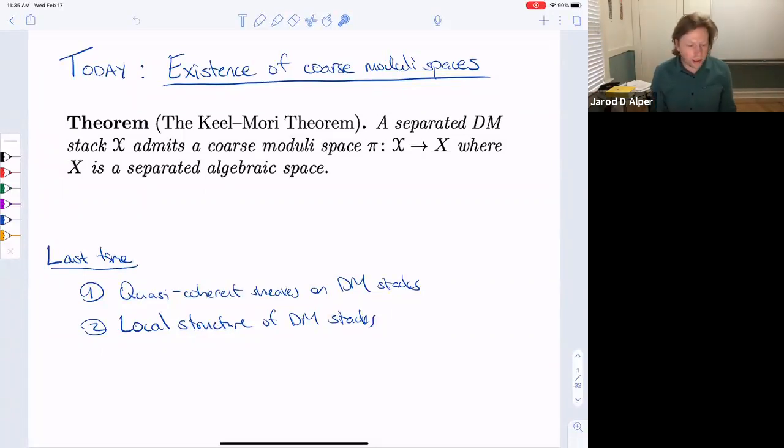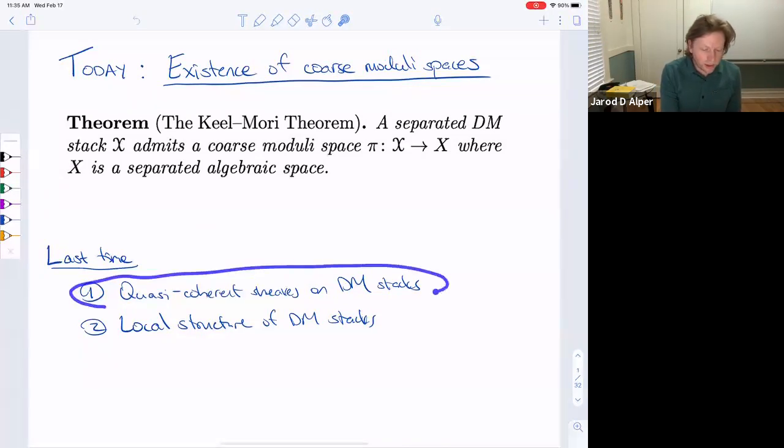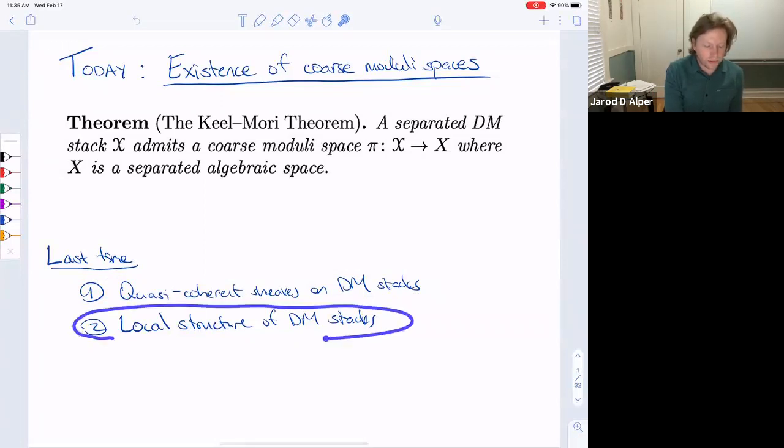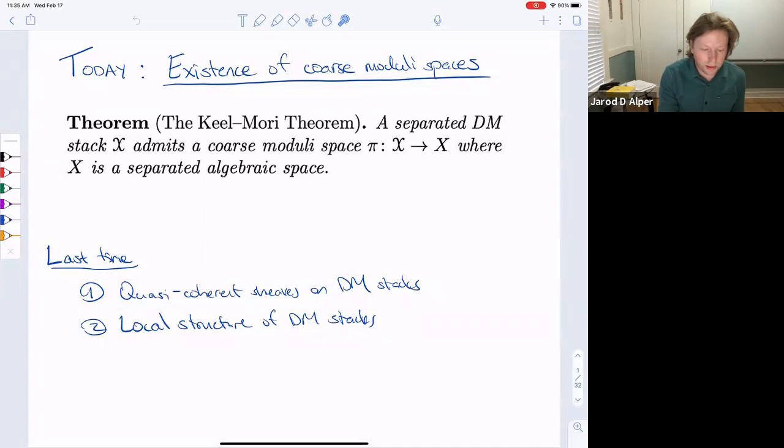But I'd like to give a quick recap. I'm not going to really review quasi-coherent sheaves because we will use the structure sheaf today, but that's all. But we will use in a fundamental way the local structure theorem for Deligne-Mumford stacks. So let me just quickly recall what that is.